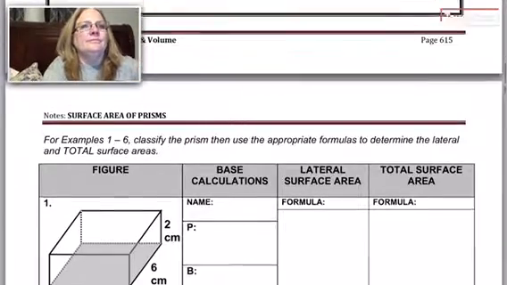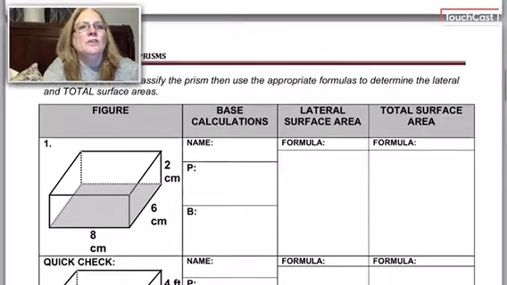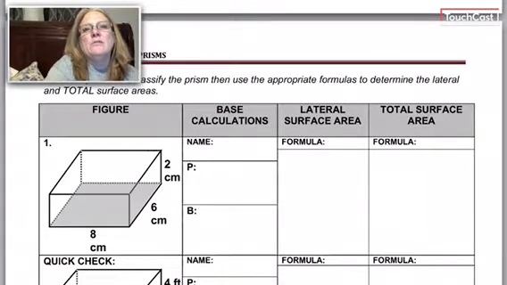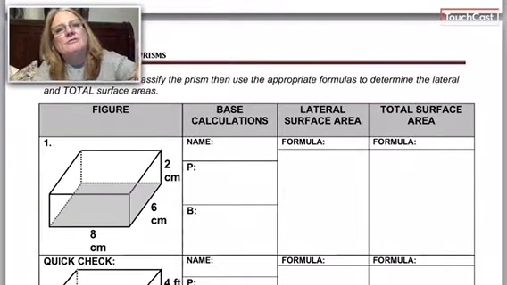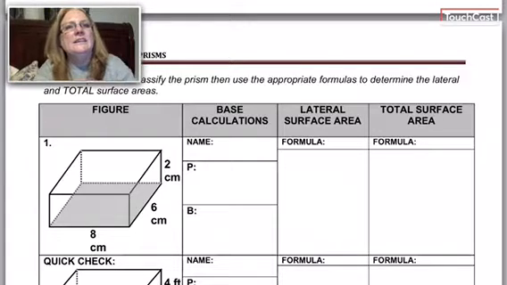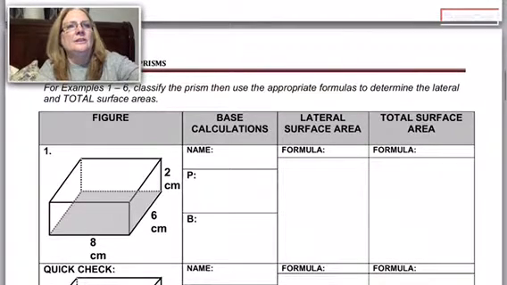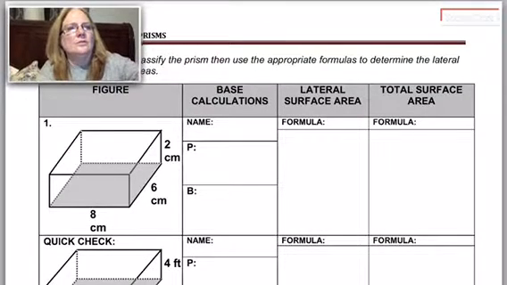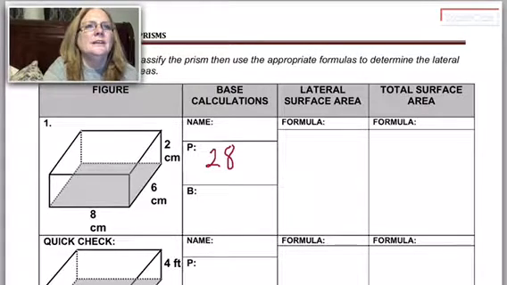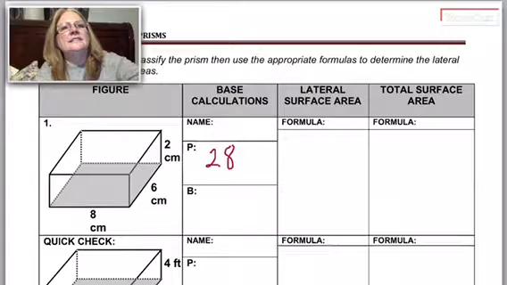Okay, so here we're going to have some examples. So they've highlighted here what they want you to call the base. So if this is the base down here, we need the perimeter of that base. So it's going to be 16 plus 12, 28. And then the height is not part of the base, so that's going to make this the height.